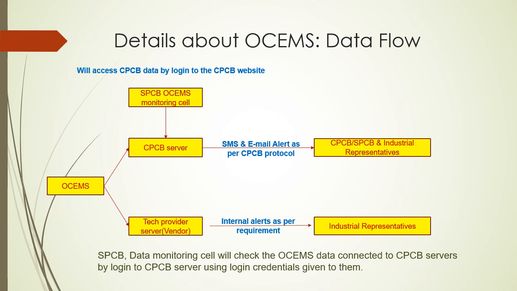That can be modified. For example, if 50 is the COD limit, I keep one alert at 45 or maybe 40, so that I get an alert and I can proactively act on those OCMS details and on the process that is being deviated, because my COD level is nearing the exceedance. So that is the plus point of this OCMS.